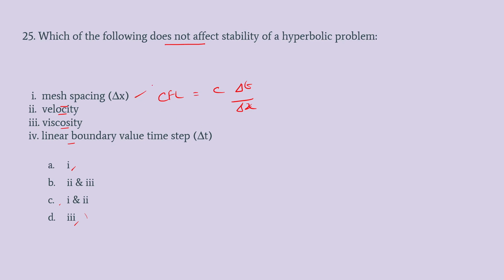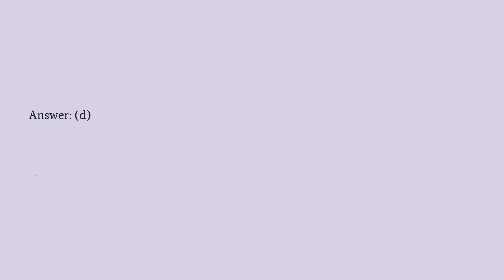So here delta x is there, delta t is there, velocity is also there. So all the three are required for calculating the stability criterion itself. But the third one, that is viscosity, is not required to predict the stability. So our answer is viscosity only.